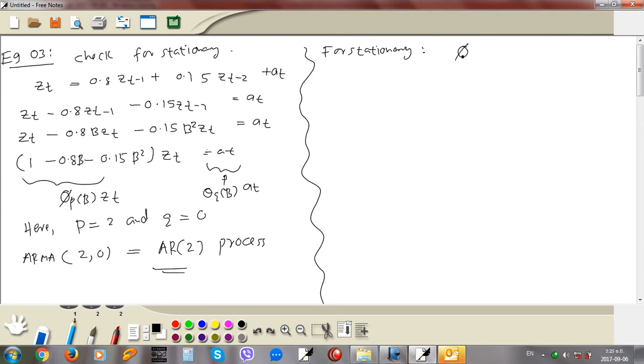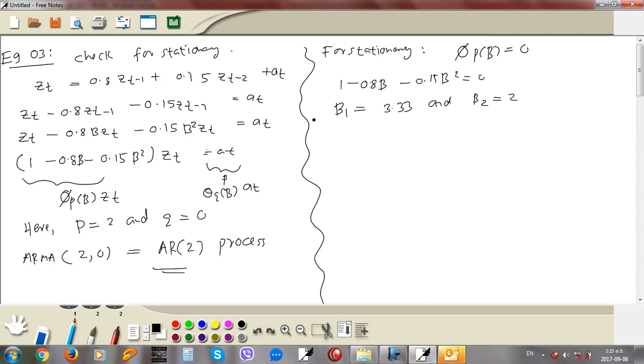So for that phi p B equals 0, it means 1 minus 0.8 B minus 0.15 B squared equals 0. So this is a quadratic equation, as I told earlier. You can use the formula and find the roots for this quadratic equation. So you can find the roots as B1 equals 3.33 and B2 equals 2.